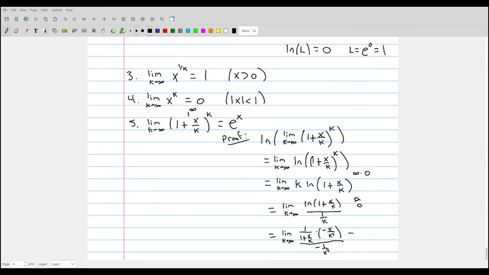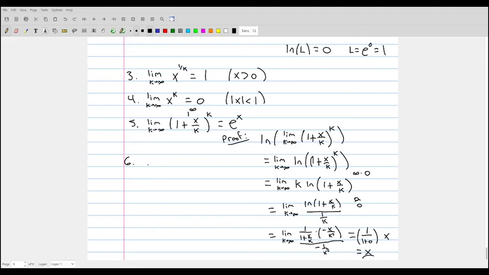And so the negative 1 over k squared cancel out, and the limit as k goes to infinity is just 1 over 1 plus 0, times x, or x. Which means that the limit that we started the problem looking for is e to this value, or e to the x.